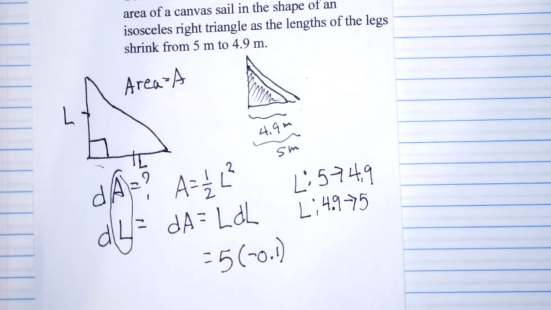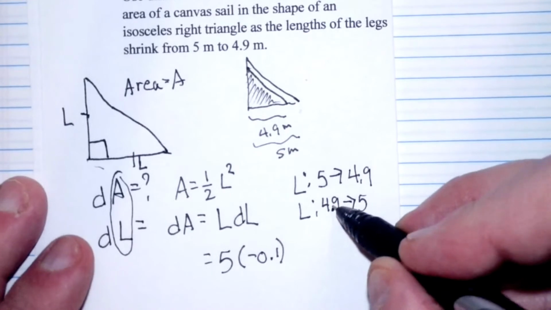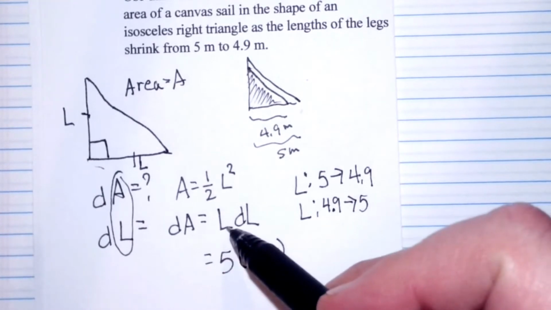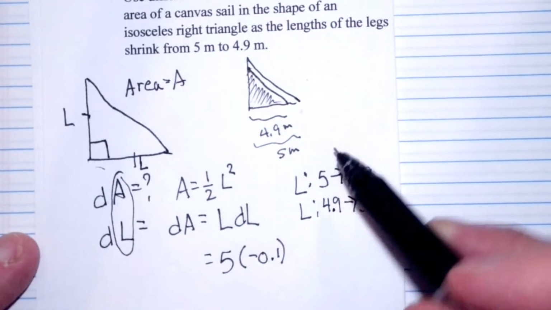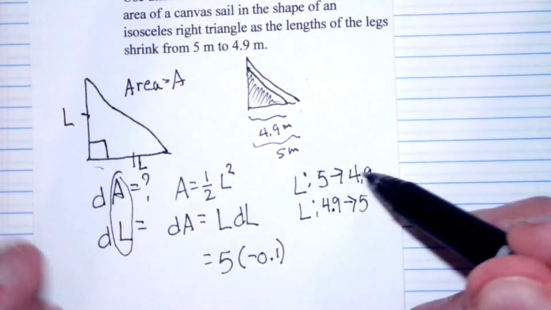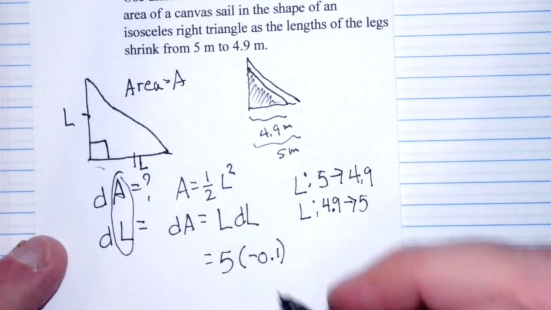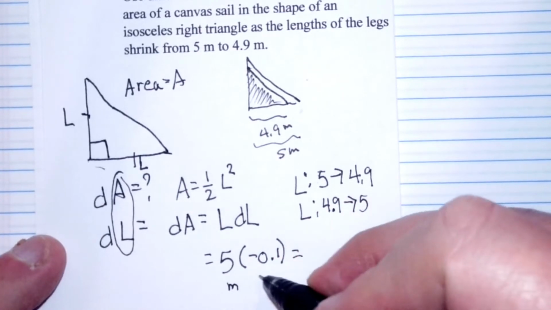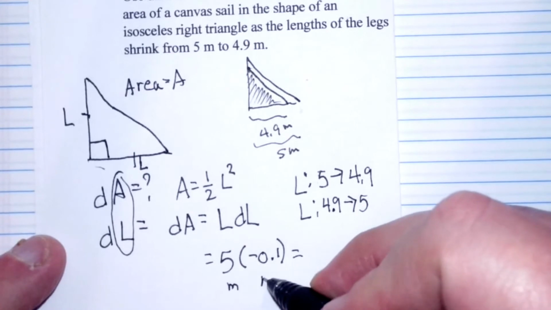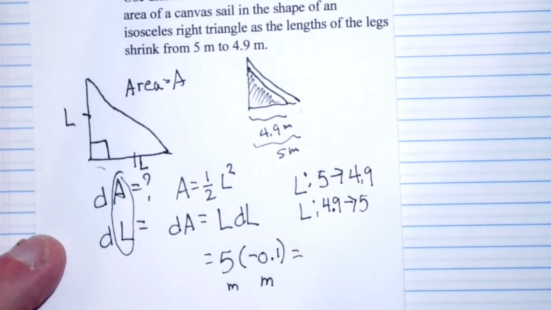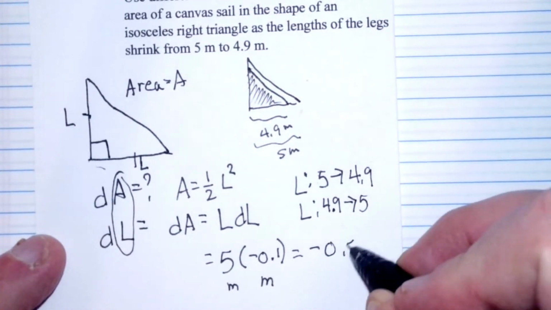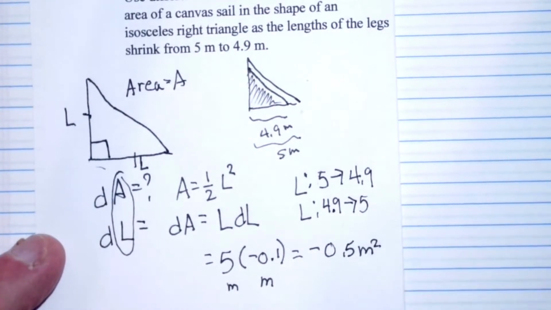And so that's why you go with the simpler value between these two as sort of the original value, and then the dL has to reflect what happens to L. Alright, so in this case the L is measured in meters, and the dL, the change in L, is also measured in meters, and so what we get is negative 0.5 meters squared.